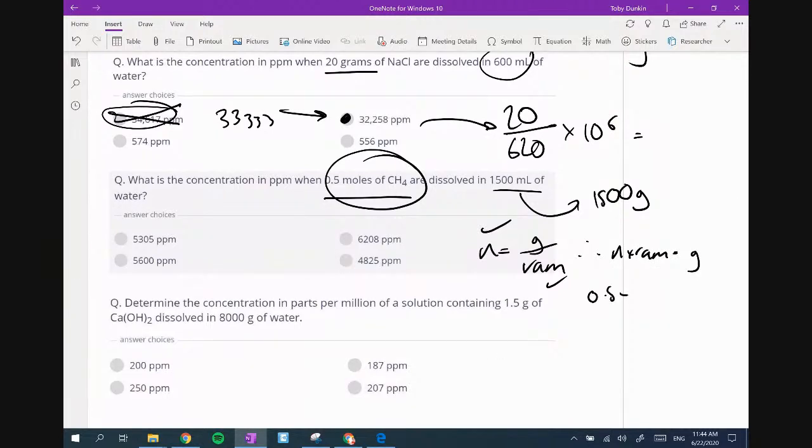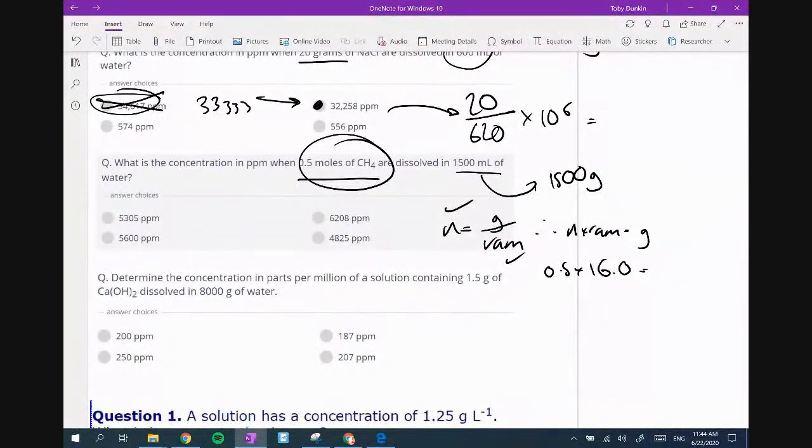So 0.5 multiplied by 16.0 is the same as divided by 2, so 8 grams. So that becomes 8 over 1,500 times 10 to the 6, which gives me 5,300. And there's my answer. There we go.